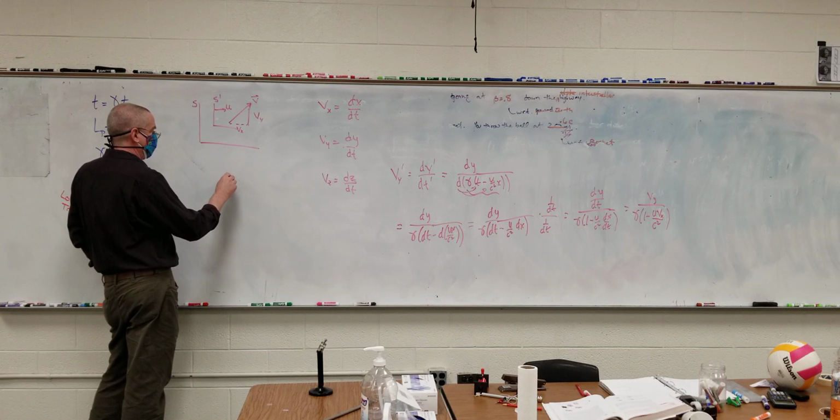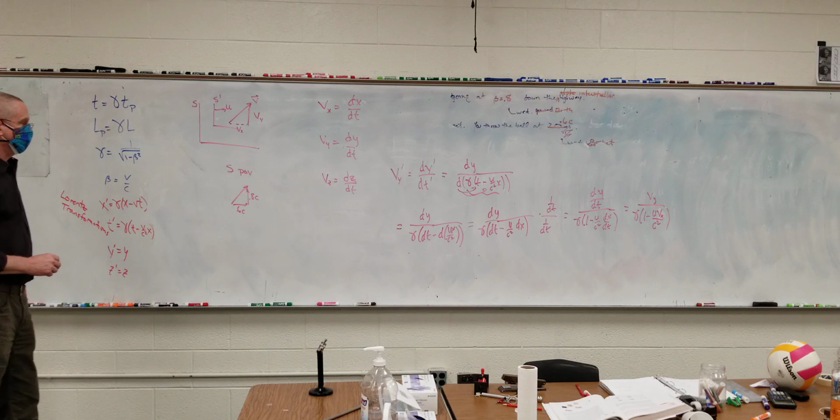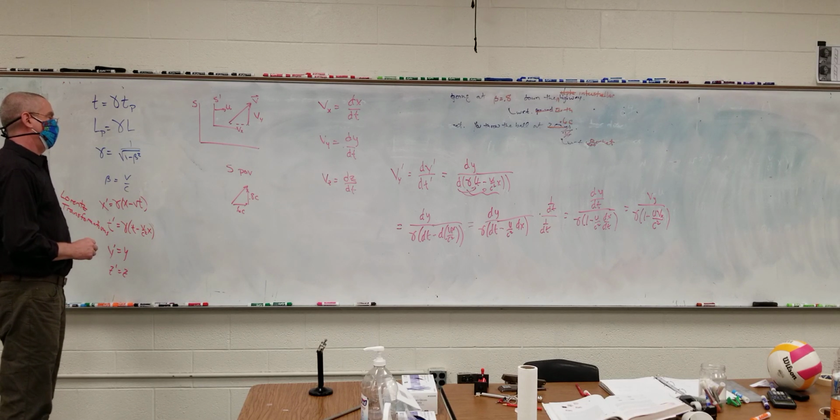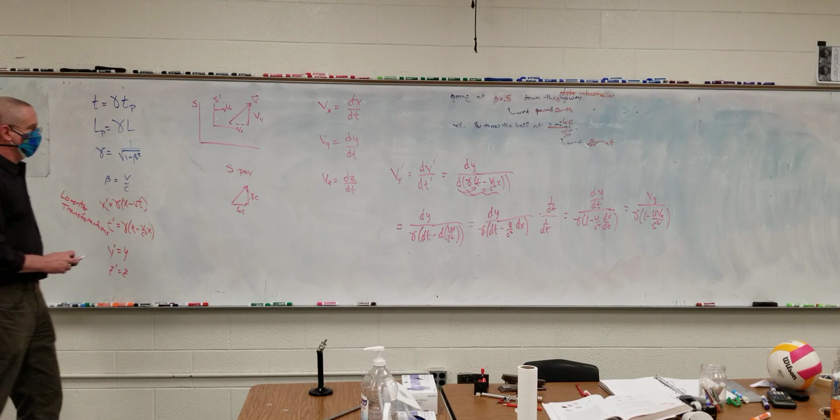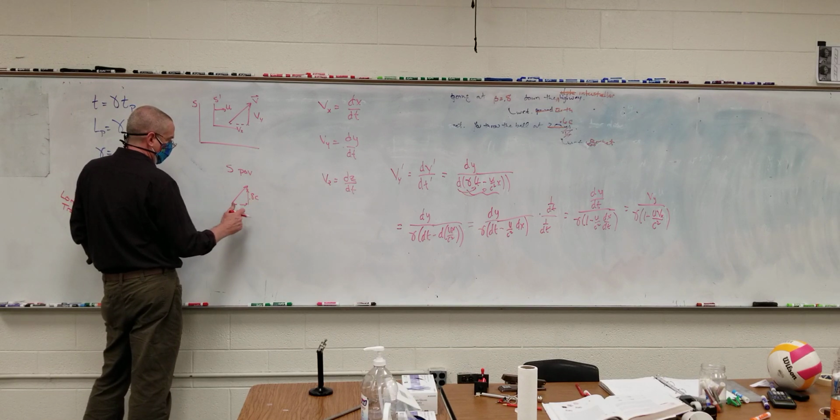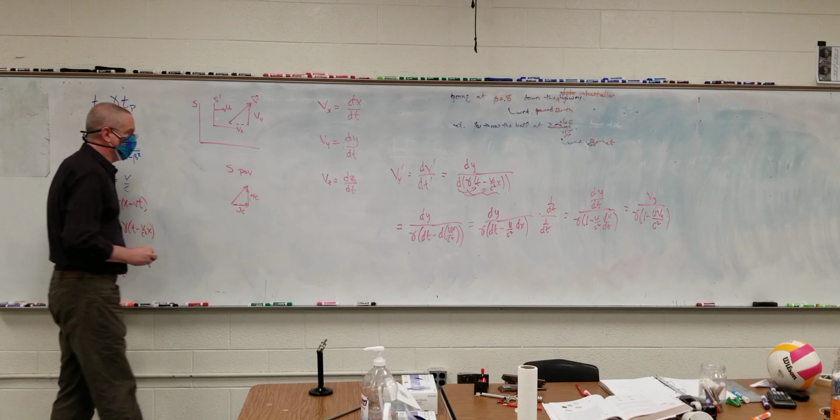If from S's point of view the thing is traveling at 0.6 speed of light that way and 0.8 speed of light in that direction, actually, that can't be. I get 0.3 and 0.4. So from S's point of view, it's traveling like that.